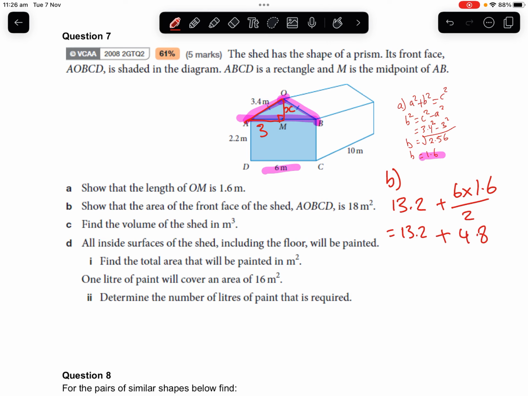So 13.2, the area of the rectangle, plus 4.8, the area of the triangle, gives us 18 meters squared.